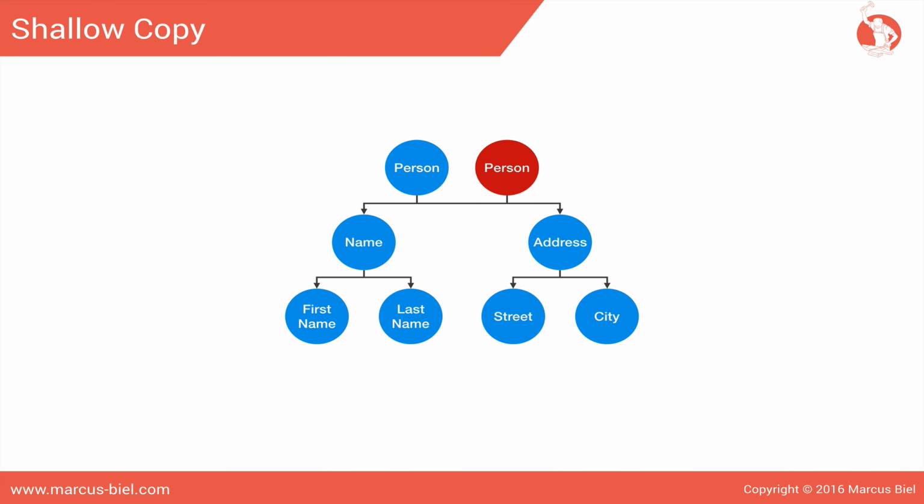So a shallow copy references the same inner objects as the original person. Therefore, a shallow copy and its source are closely related to each other. As an example, a change to the address object will reflect in both persons. This is a problem if you need two truly independent person objects.